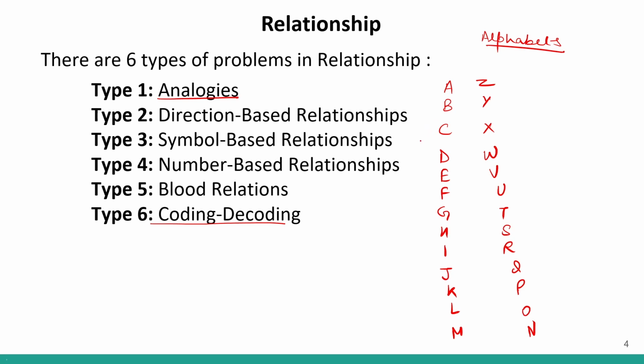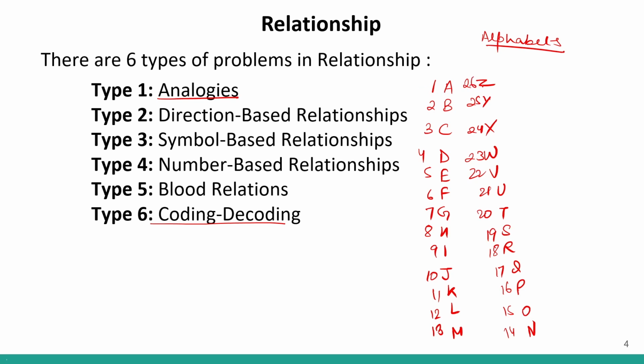Now, if I assign them numbers in increasing order, that is A is 1, B is 2, C is 3, similarly 4, 5, 6, 7, 8, 9, 10, 11, 12, 13, then 14, 15, 16, 17, 18, 19, 20, 21, 22, 23, 24, 25, 26. This is in increasing order where A is 1 and Z is 26.